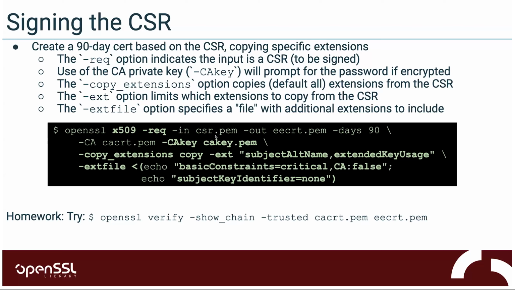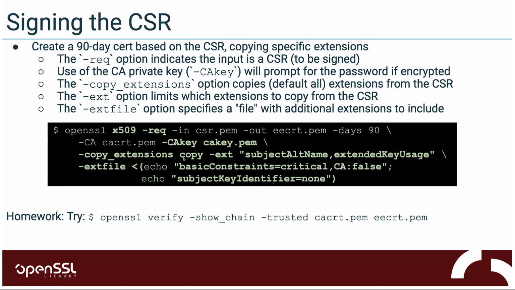So we say, okay, read in the request from the csr.pem file, output it to an EE certificate file, give it 90 days of validity from today, and use our ca-crt.pem file as the certification authority certificate, and use this particular CA key. That's the one that'll be password protected by default. There are ways to turn the password protection off, but for a CA, if it's going to be used by people intermittently rather than in automation all the time, you probably want to password protect the key.